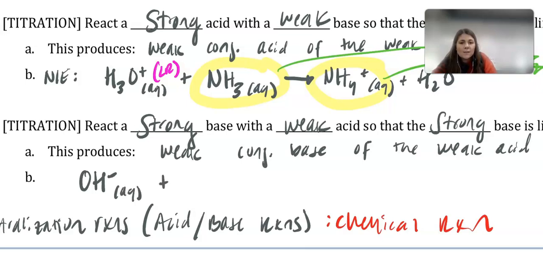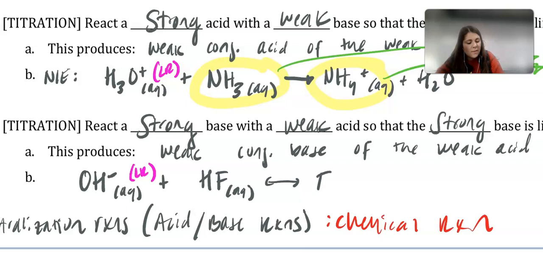So our strong base plus, let's just use the HF example. If you had hydroxide and HF in two separate containers, you added them together, they're going to react, making the strong base the limiting reactant. We'll be able to make the conjugate base F minus plus some water.